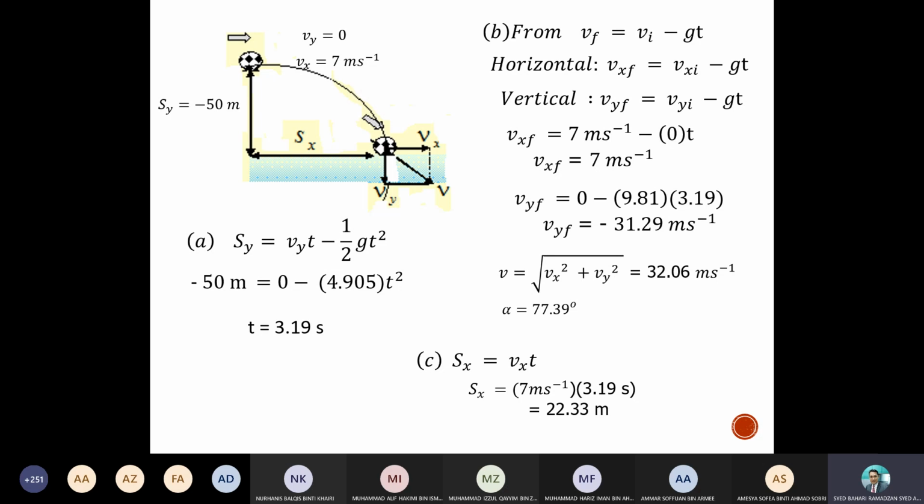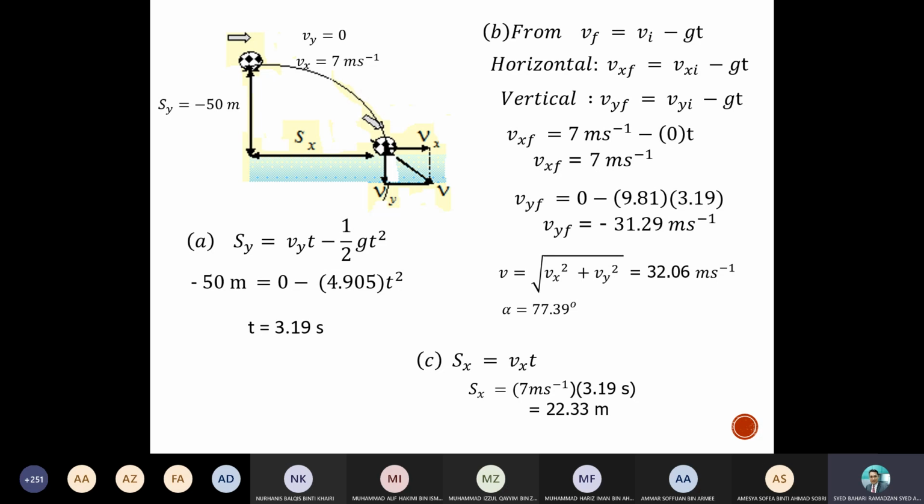This is the original equation. Because G is 0 in the X direction, as we know the X direction does not involve gravity, we have Vx final equals Vx initial. We know that Vx initial is 7, so Vx final is also 7.